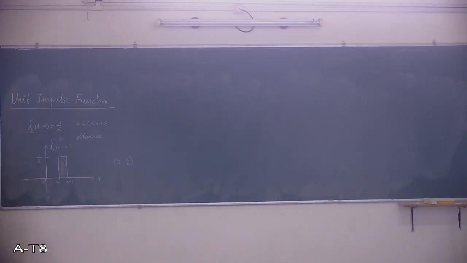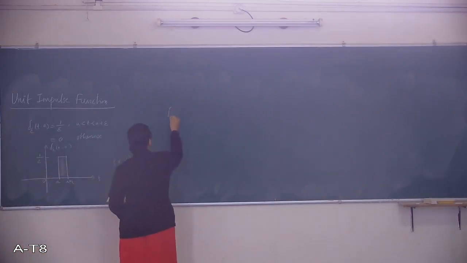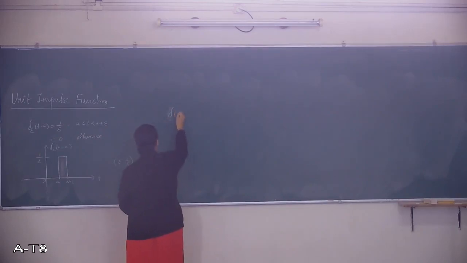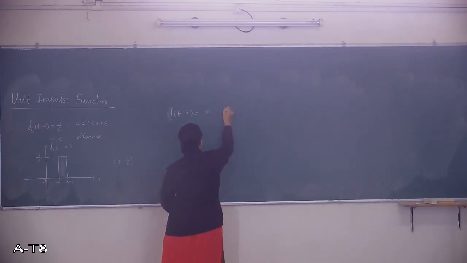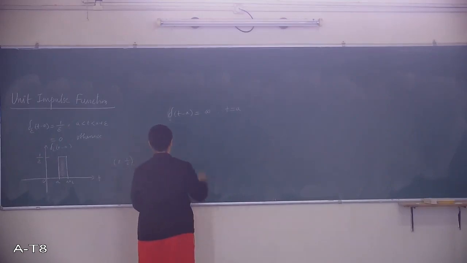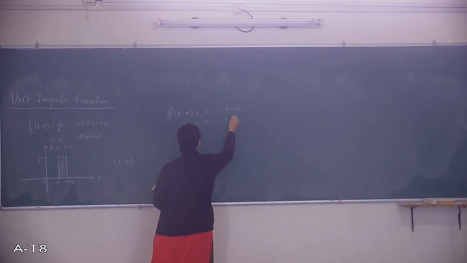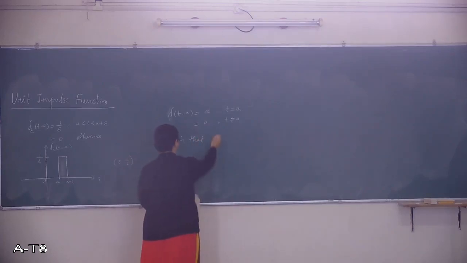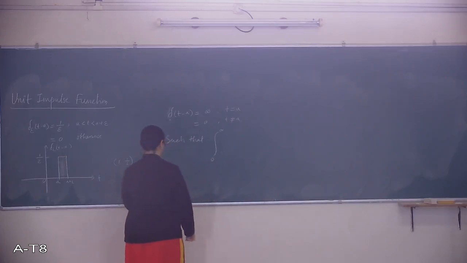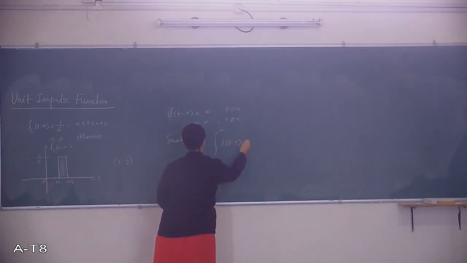So the unit impulse function, that is also called the Dirac delta function, is defined as: delta of t minus a is equals to infinity at t equals to a, and its value is equals to 0 for t not equals to a, such that integration from 0 to infinity delta of t minus a is equals to 1 for all a greater than or equals to 0.